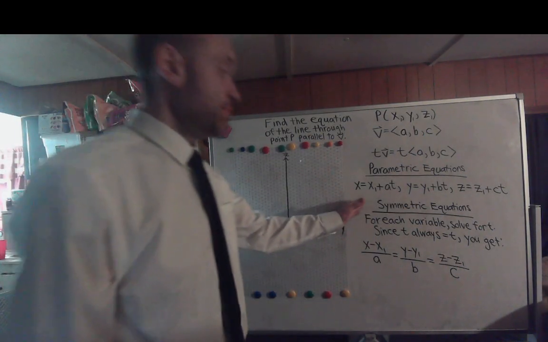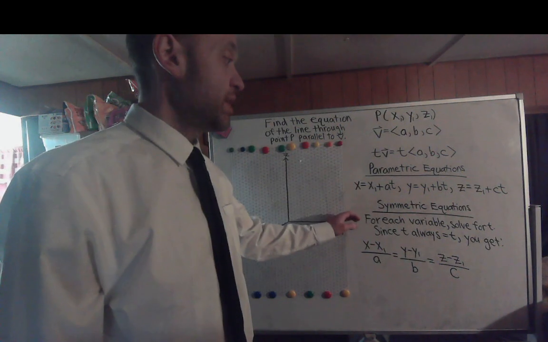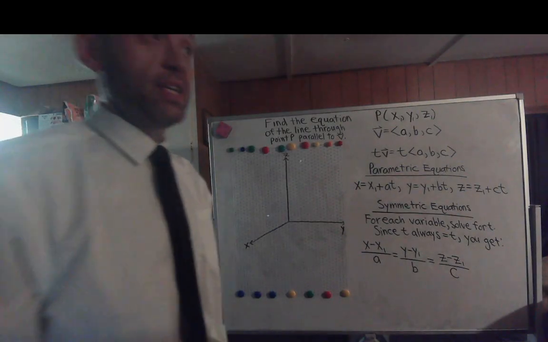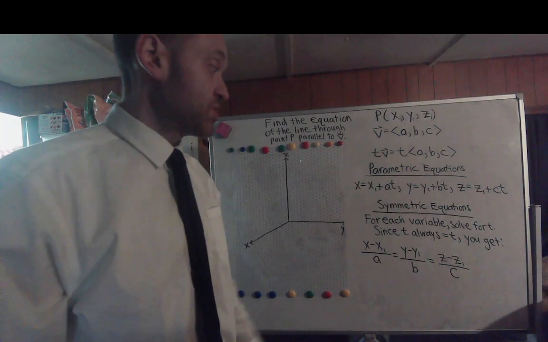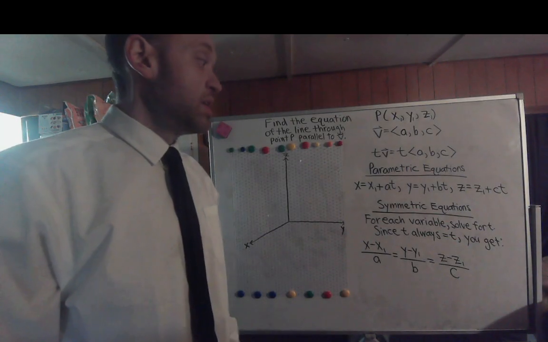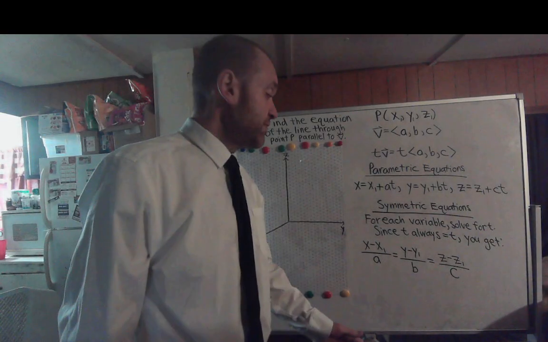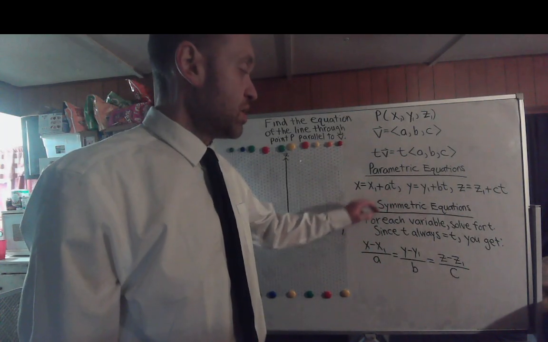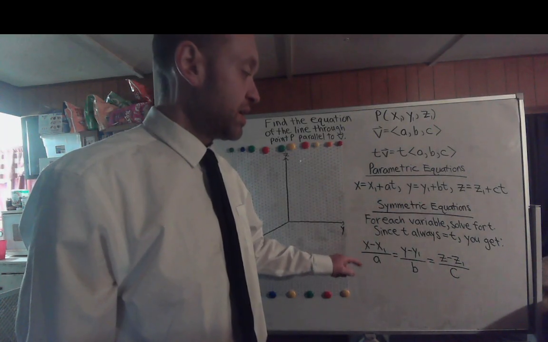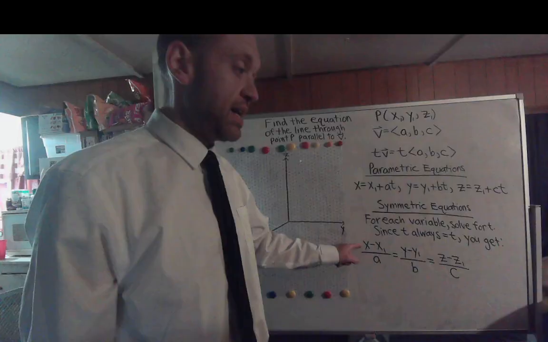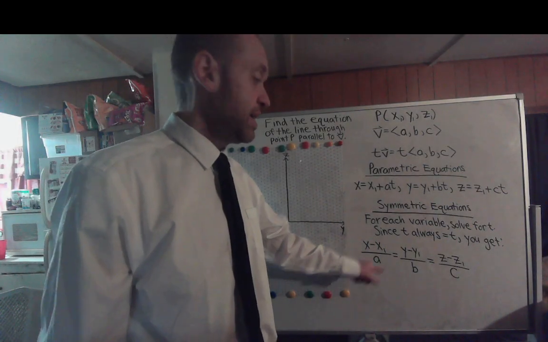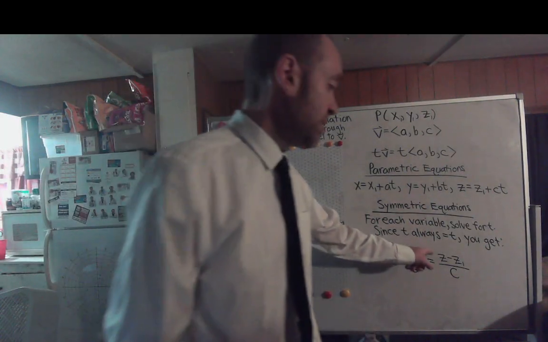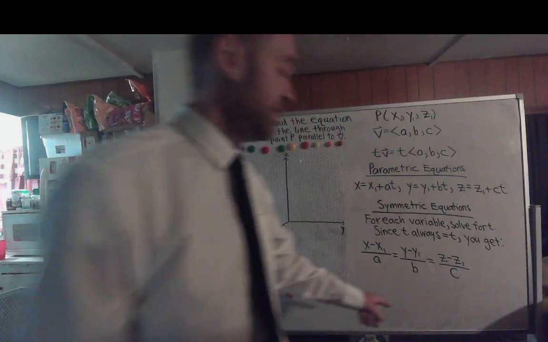So those are your parametric equations. Now, to get symmetric equations, for each variable you're going to solve for t. And as true, t always equals t. Any day of the week, t is going to equal t. So if you take each of these values for t with the corresponding variables, you would get x minus x sub 1 divided by a equals y minus y sub 1 divided by b equals z minus z sub 1 divided by c.